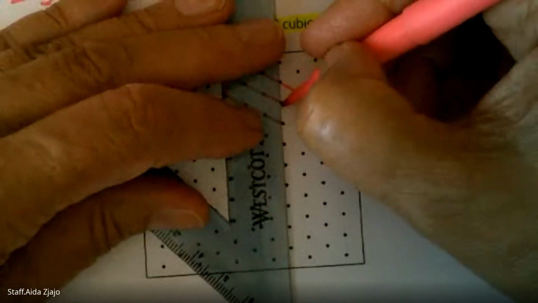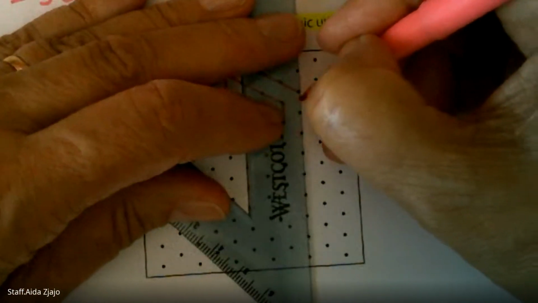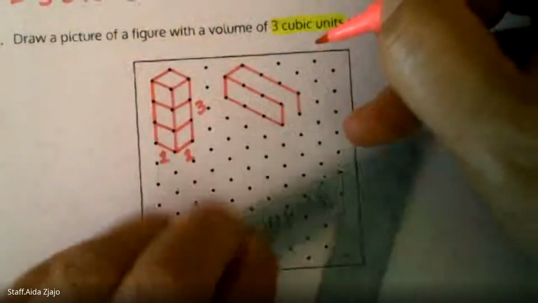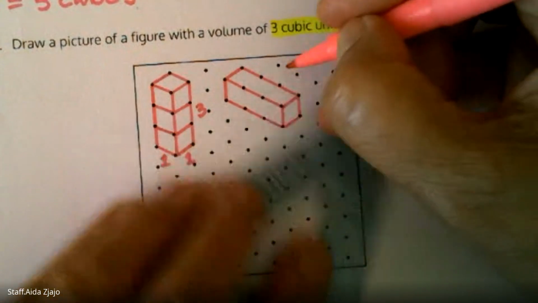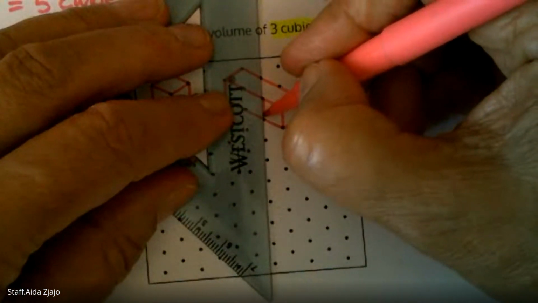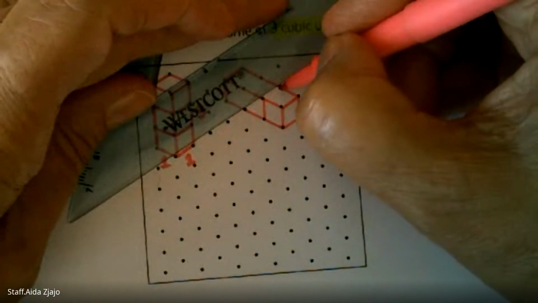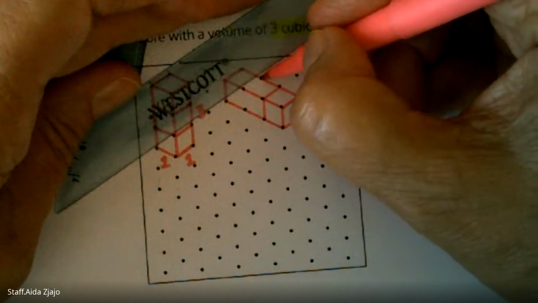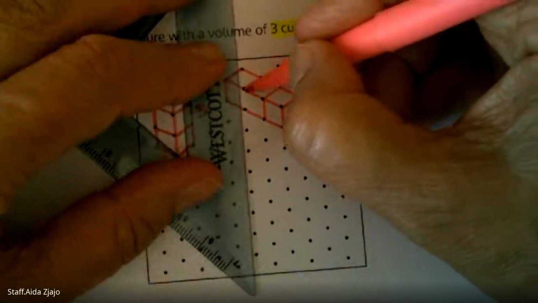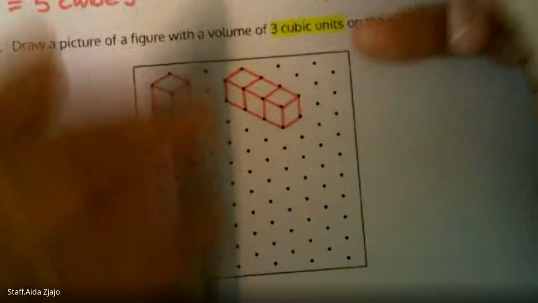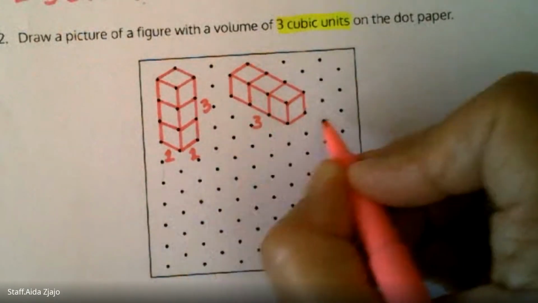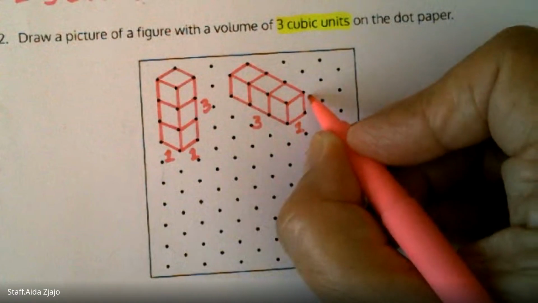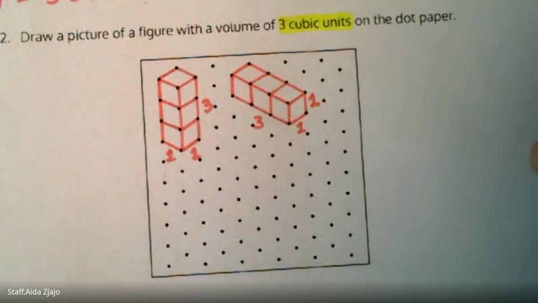But now you're going to see the front, and you will see that it is actually again 3 units. Okay, so that's now length is 3, the width is 1, and the height is 1. So it's just a different configuration.